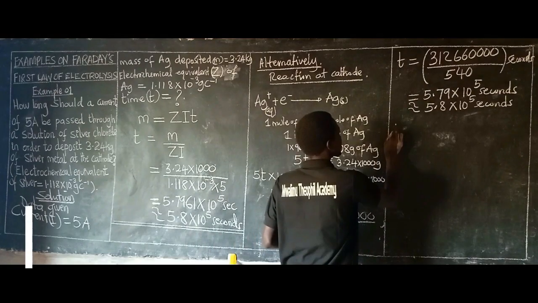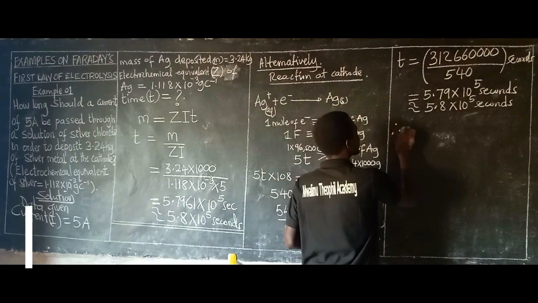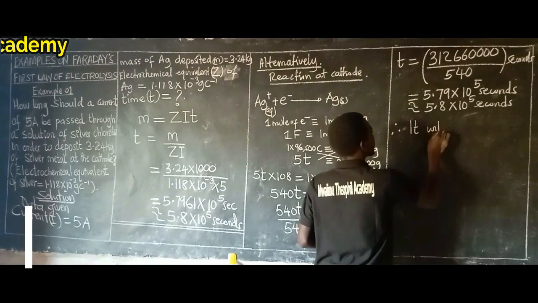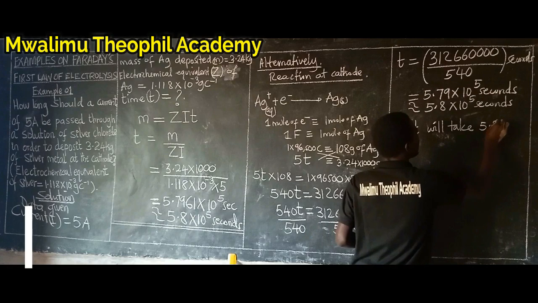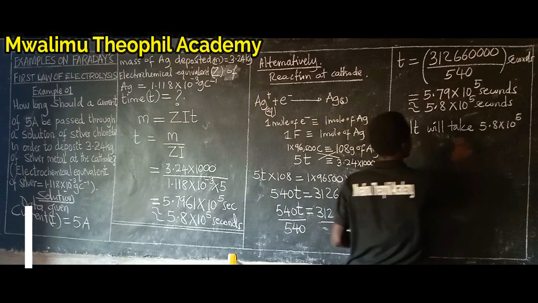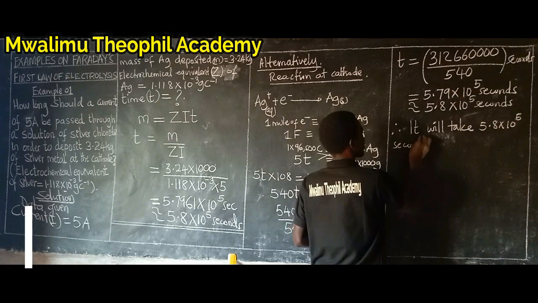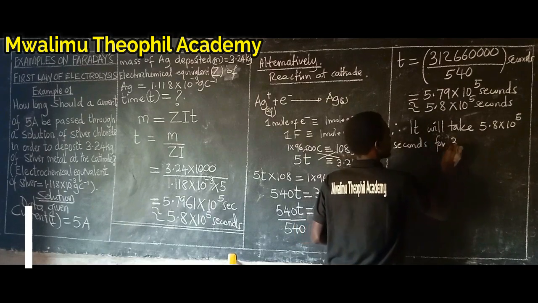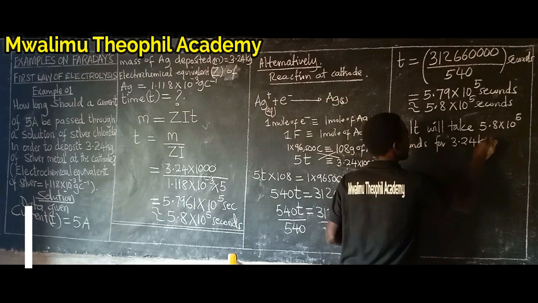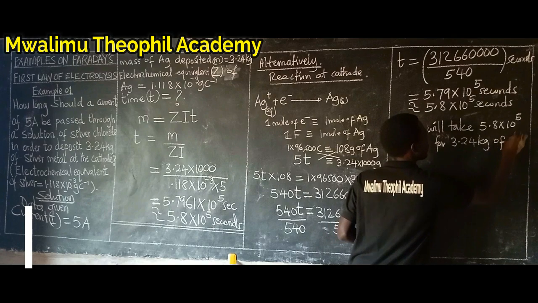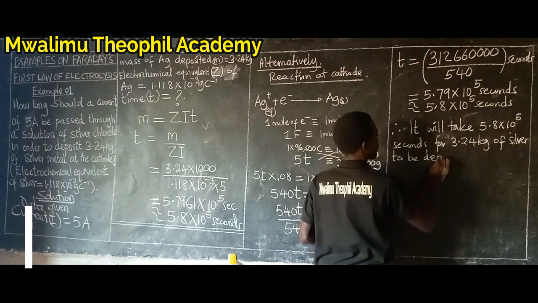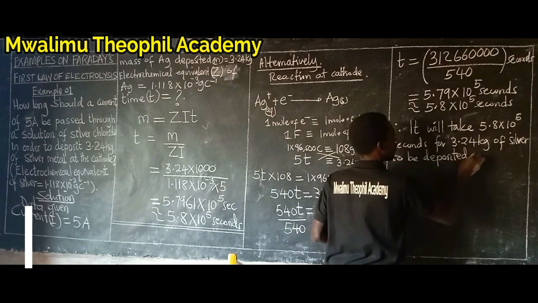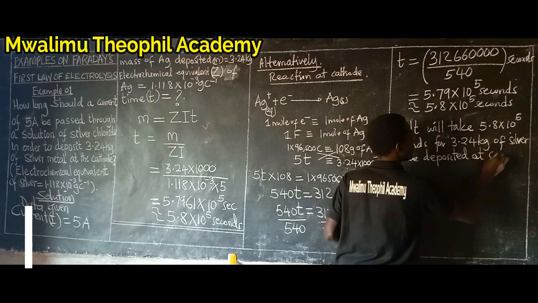So here we say that the current will take 5.8 times 10 raised to 5 seconds for 3.24 kilogram of silver to be deposited at cathode.